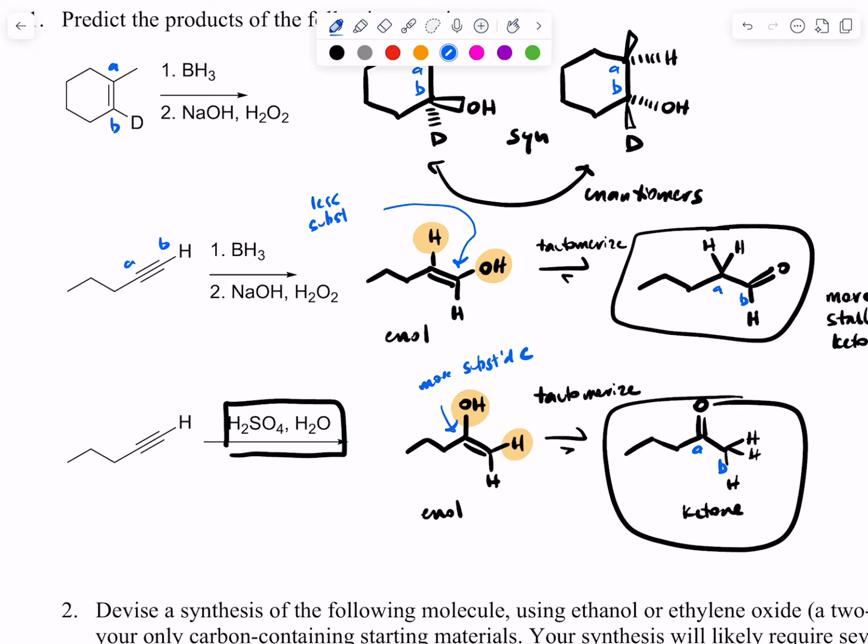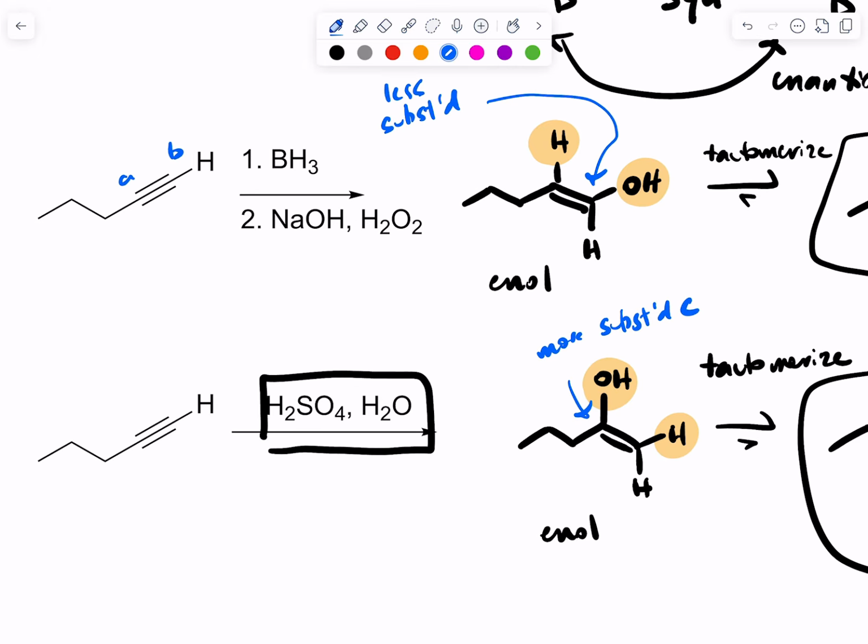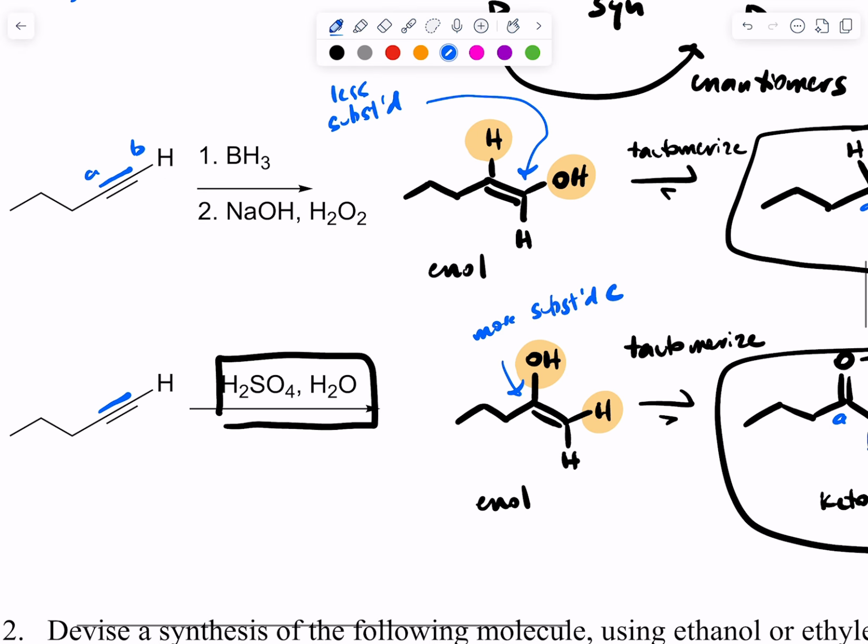That's exactly the same as for the alkene chemistry. The difference is you've got 2 pi bonds instead of 1. One of the pi bonds reacts, the other is still there, and that is why your product in both cases is an enol. Only for hydroboration oxidation, the oxygen of the enol is on the less substituted carbon, whereas for hydration it's on the more substituted carbon.